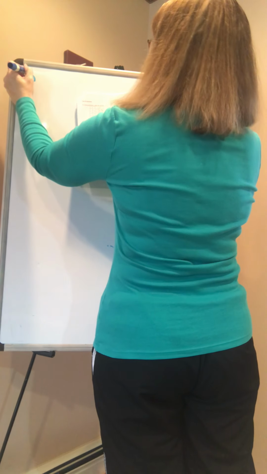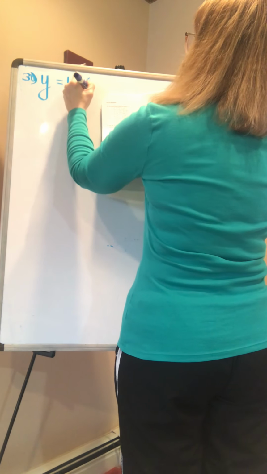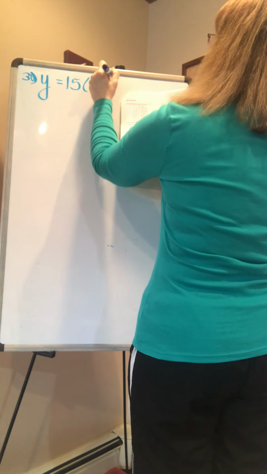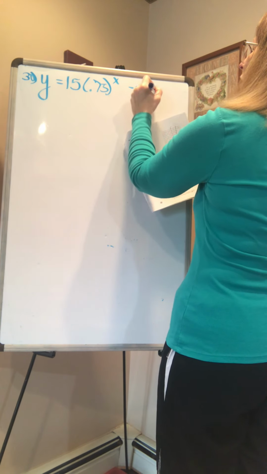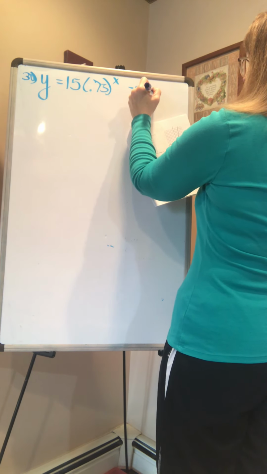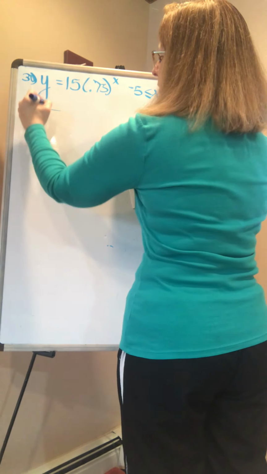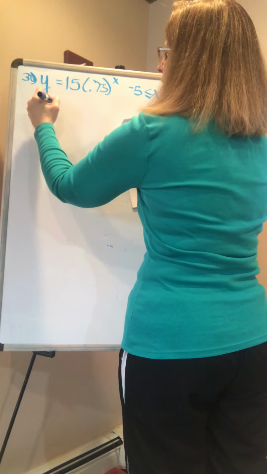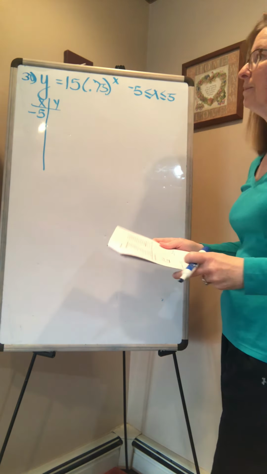This is number 30. y is equal to 15 times 0.75 to the x, and they say -5 to 5. That means here's my table, and I'm starting it at -5 and going up to 5.